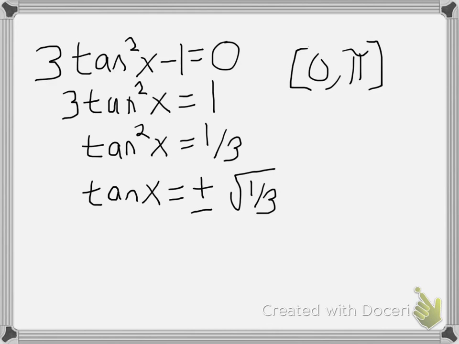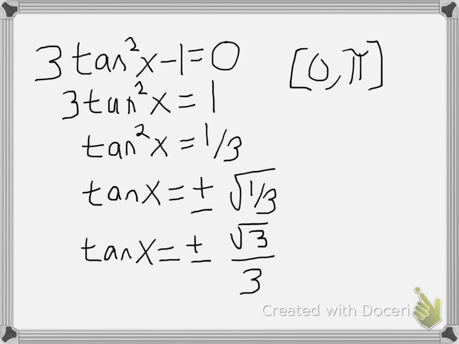Okay, let's simplify this. So we get the tangent of x is equal to plus or minus the square root of 3 over 3. I skipped a couple steps there. By now you should be able to simplify this to get to the square root of 3 over 3.